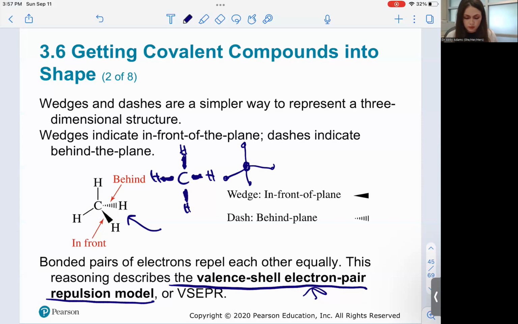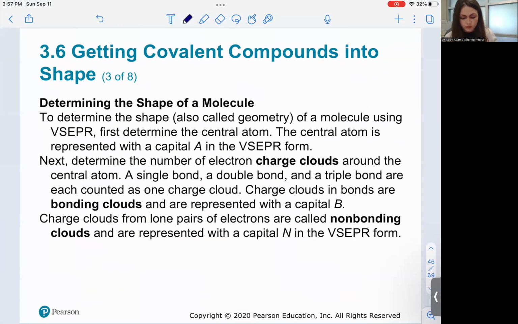So you're also going to have, like I just mentioned, non-bonding electrons. Whenever you're thinking about the geometry of these molecules, you have to know that there are these charge clouds. You have charge clouds with bonding electrons, and charge clouds with non-bonding electrons.